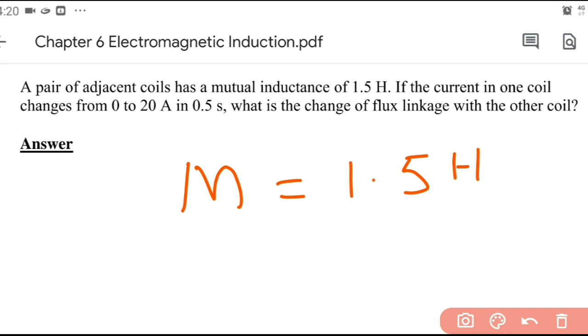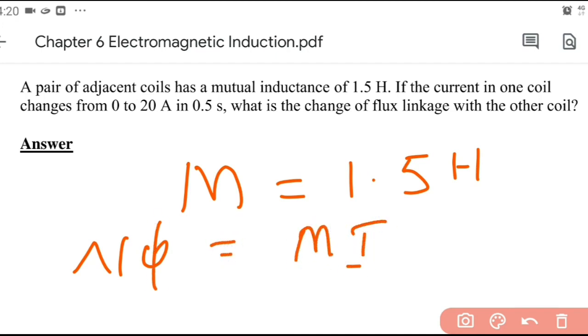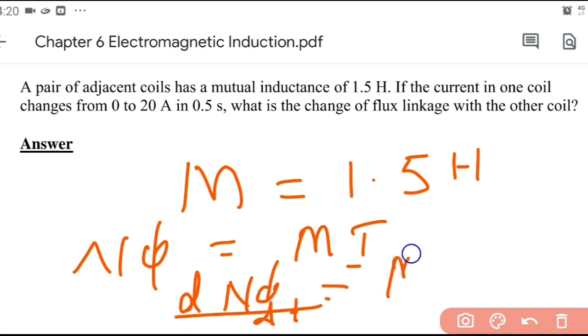Here we have the expression N phi is equal to M into I. So for the change in flux linkage in the other coil, we differentiate either side: d by dt of N phi is equal to M into di by dt.